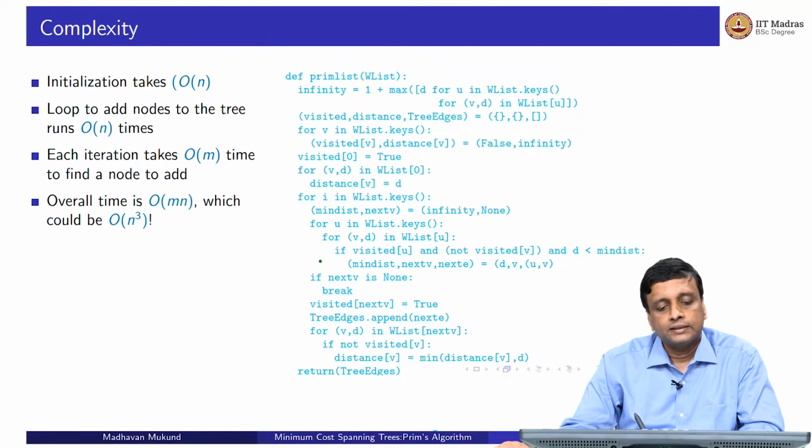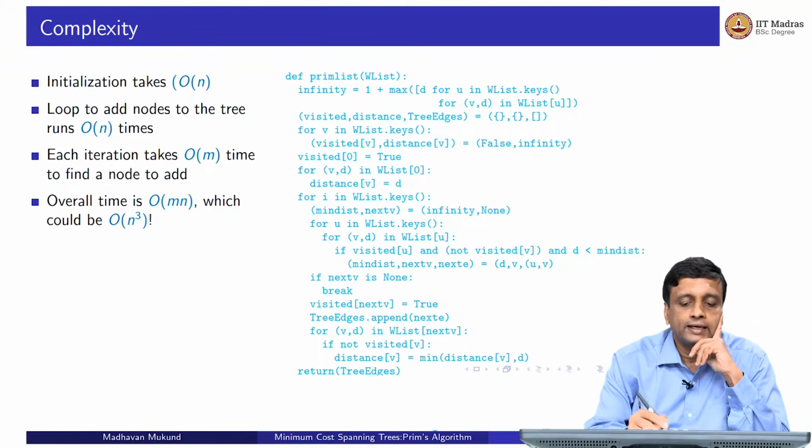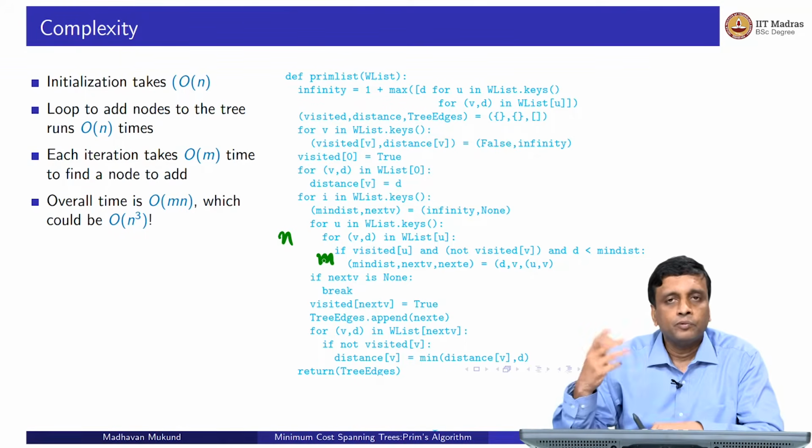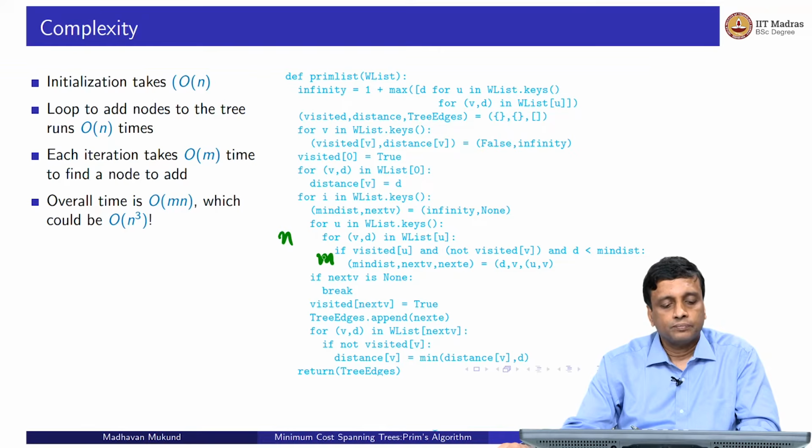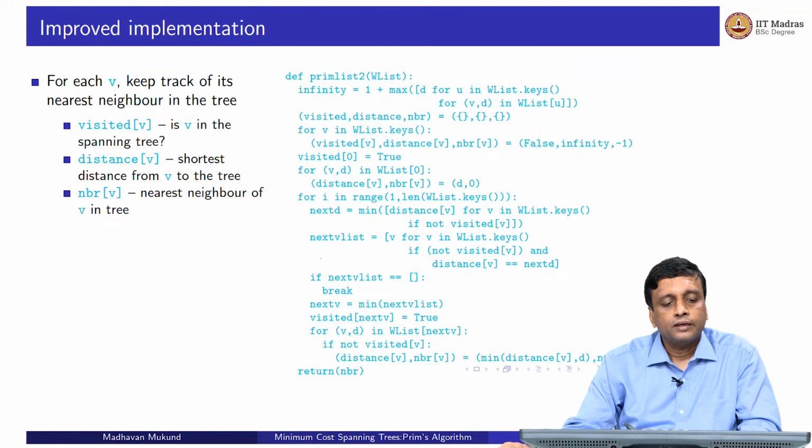So, this is terrible because this thing is actually n times n, which could be n cubed, and we would hope that this would be no worse than n squared, similar to say Dijkstra's algorithm. So, we have to do something a little more clever to get this algorithm to actually come down to a reasonable complexity.